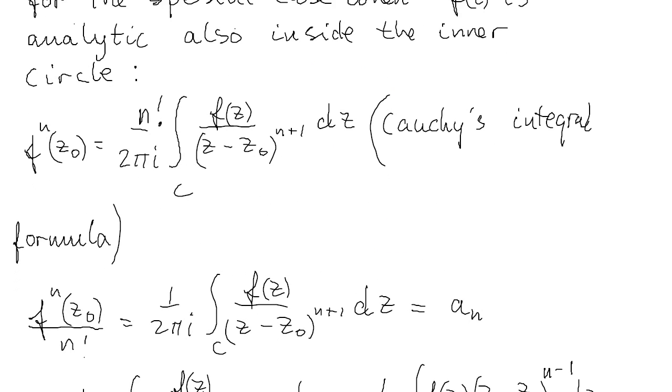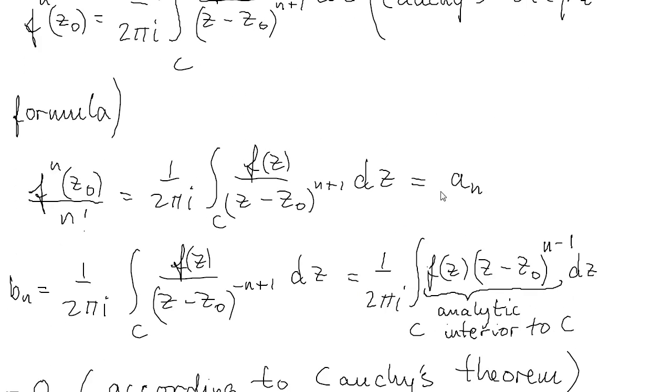Therefore we know that an now is equal to the nth derivative at z0 over n factorial, and this is exactly the coefficient in the Taylor theorem.